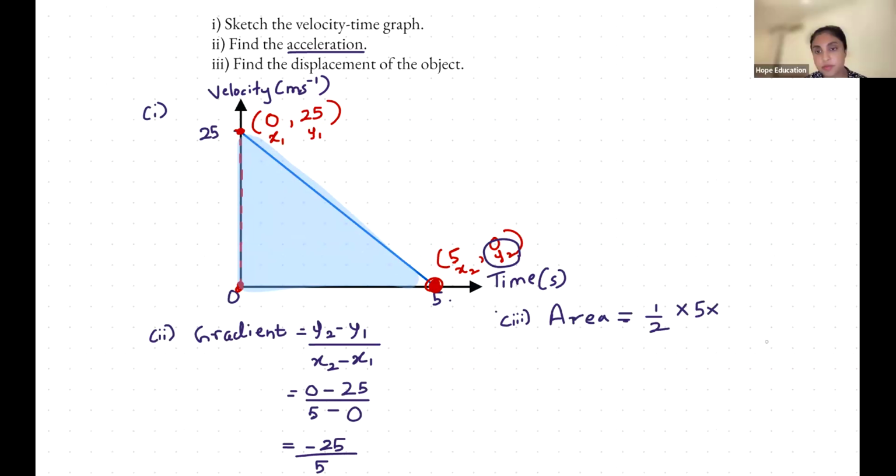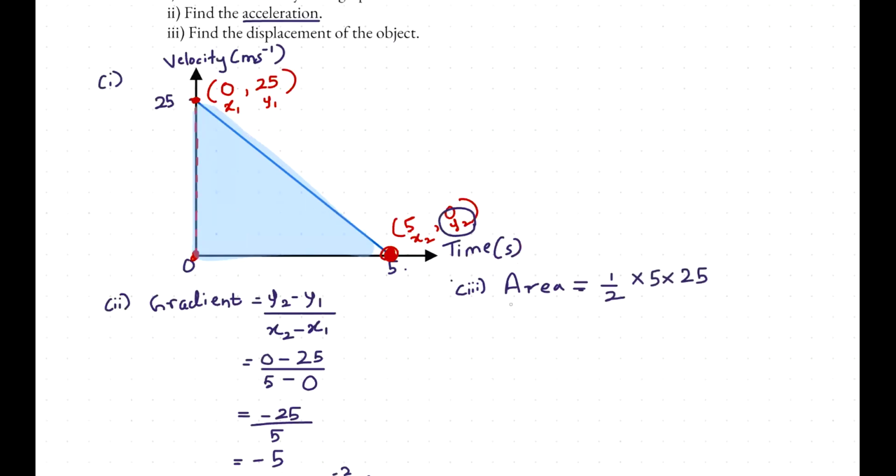So what is the area you got here? 5 times 25 is 125.